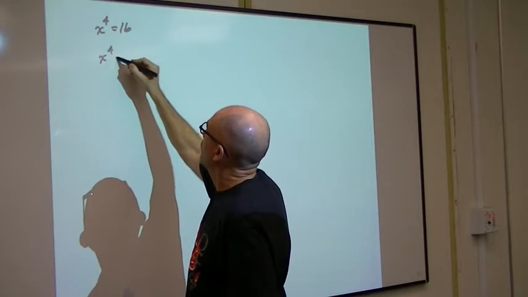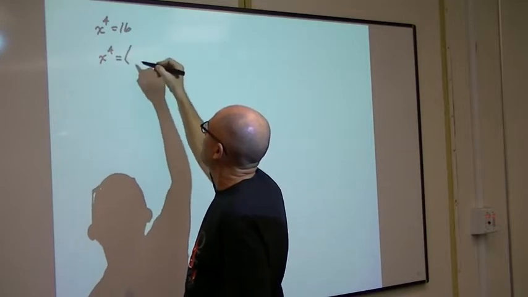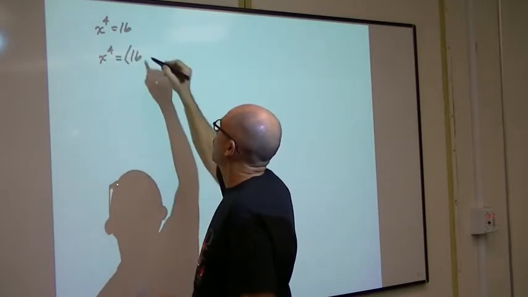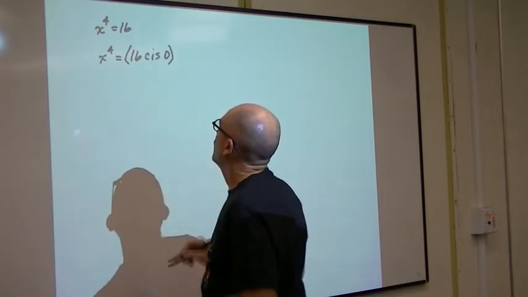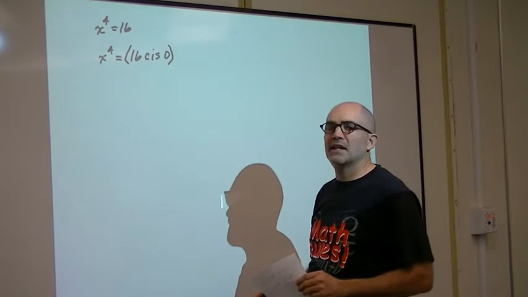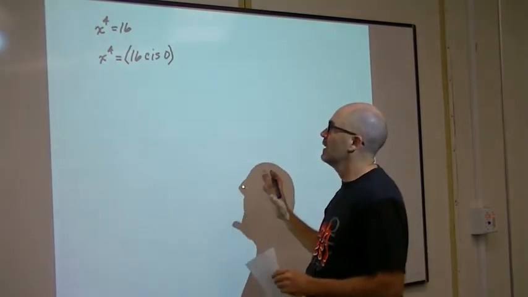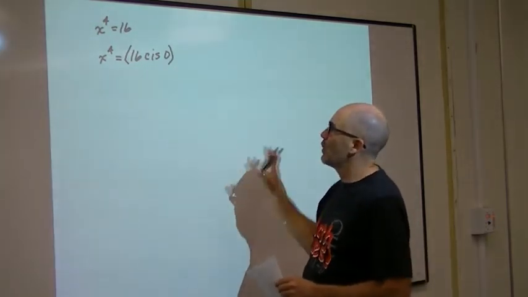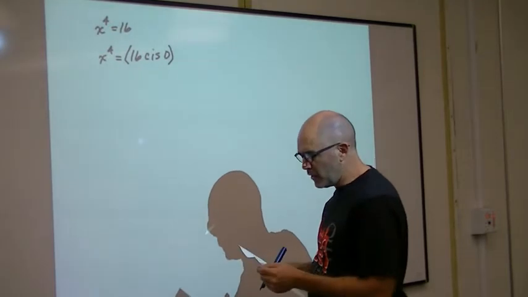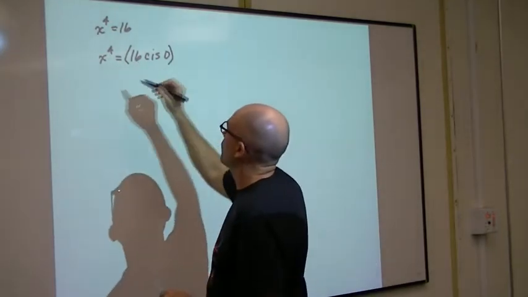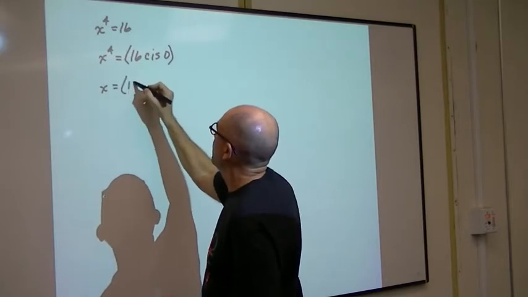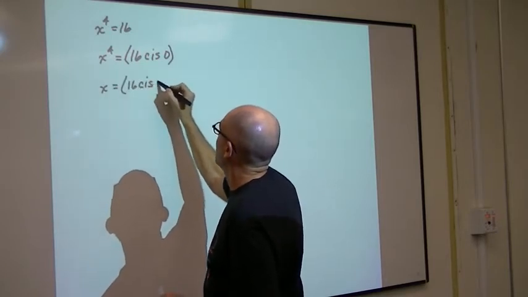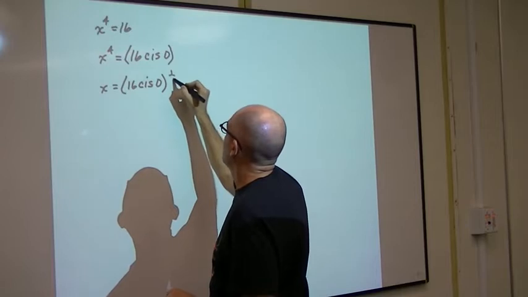X to the 4th equals, we want to put 16 in polar form. So that means it's 16 cis 0. It's 16 directly to the right. Okay, so now when we take the 1/4 power of both sides, then we have x equals 16 cis 0 to the 1/4.